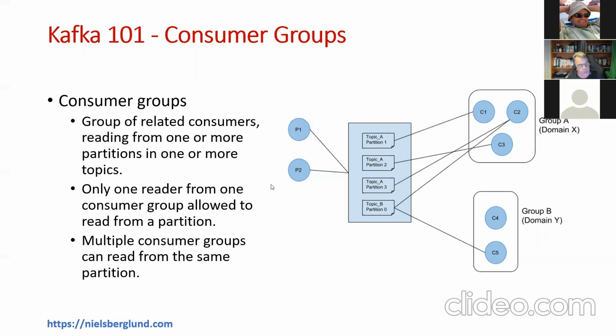In Kafka, a topic has one or more partitions, and a partition can only have one consumer. So I can only have one executable reading from one or more partitions in a Kafka topic.